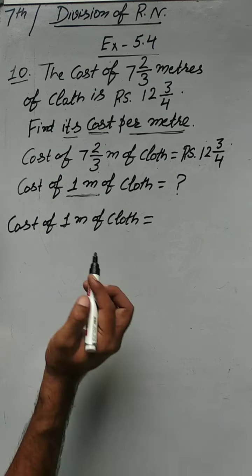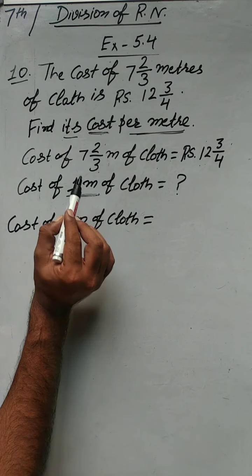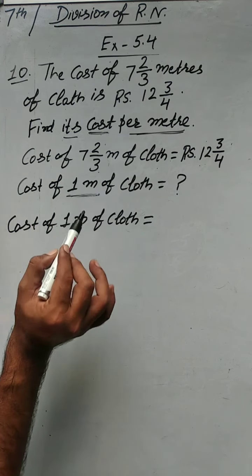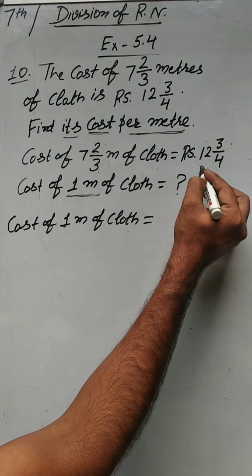So by the unitary method, beta, simply we will solve it. Cost of 7 and 2/3 meters of cloth is this.